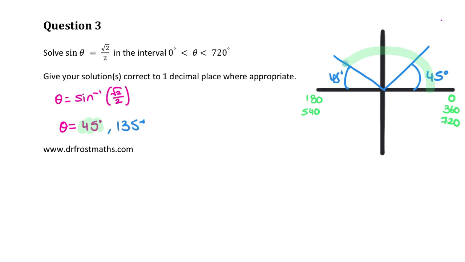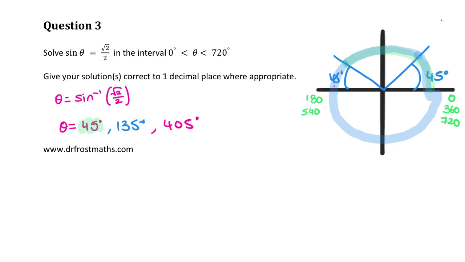I'm then going to carry on. Here, where am I now? 360. Do I carry on? Yeah. So I get to here. 450 minus 45. This is 360 plus 45, which is 405 degrees. Then we'd carry on going round.